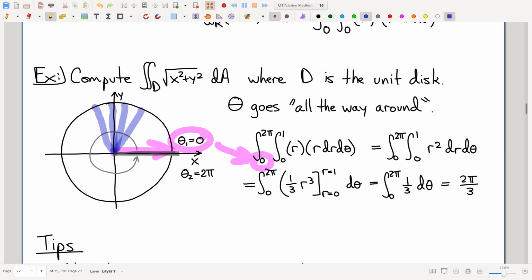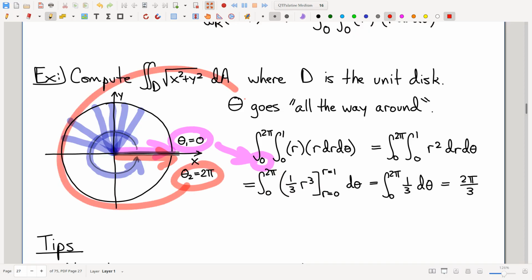I continue to slice up my domain, I continue to get more and more of the domain, and I'm done only when I get back to what feels like exactly the same direction that I was going, but keep in mind, now I've done a full turnaround. This is no longer theta equals 0. Having done that full turnaround, this is now theta equals 2 pi. So my theta bounds, 0 to 2 pi.